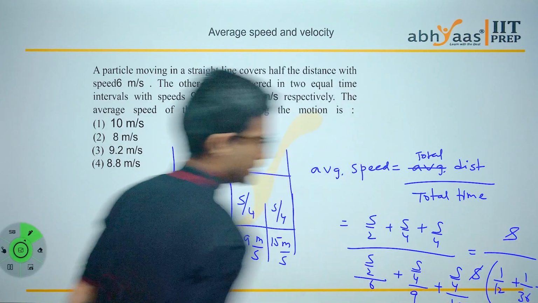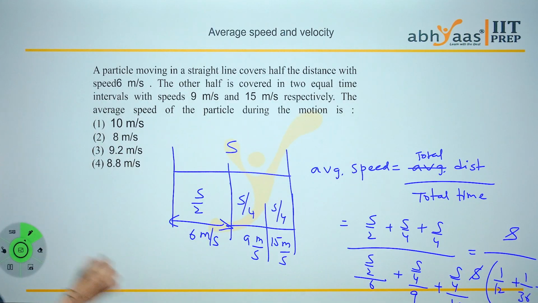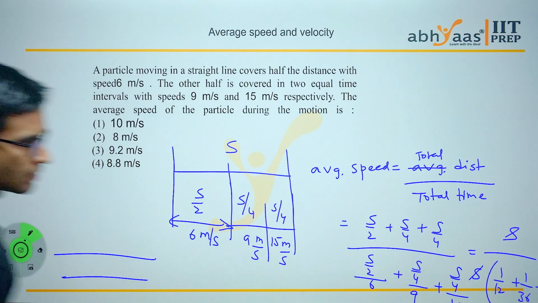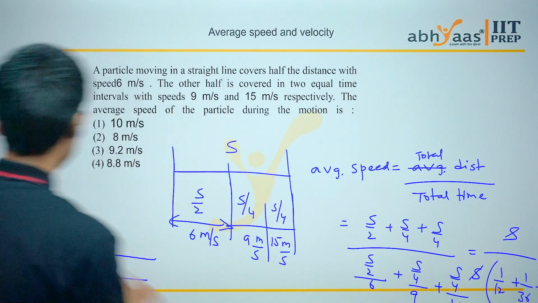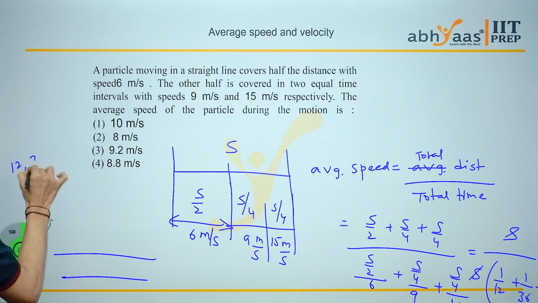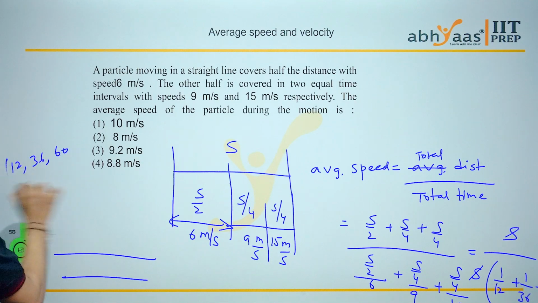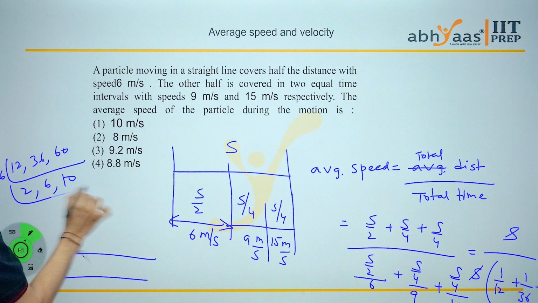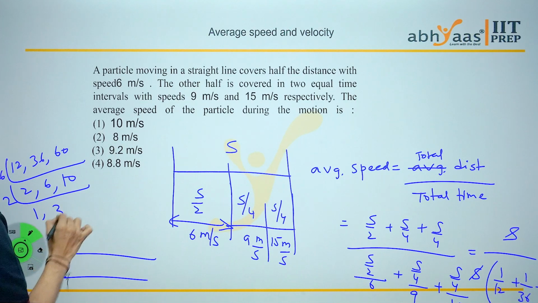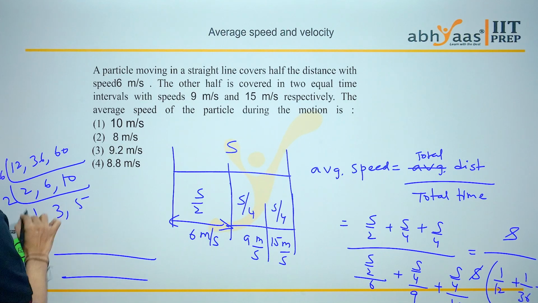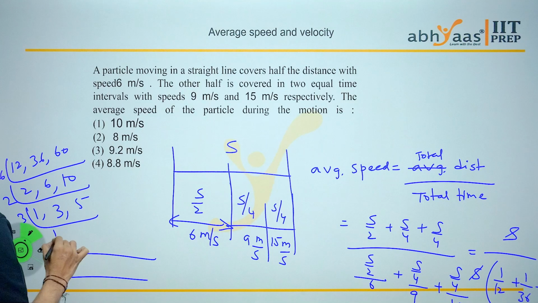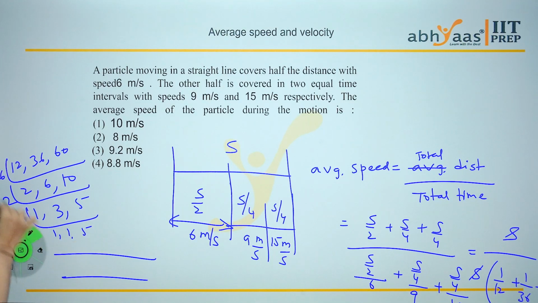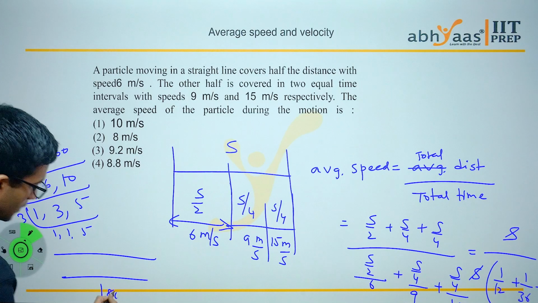So if you take the LCM of 12, 36, 60, like this, 6, 2, 6, 10, again 2, 1, 3, 5, then 3, 1, 1, 5. 5 threes are 15, 15 twos are 30, 30 sixes are 180. 180 is the LCM.